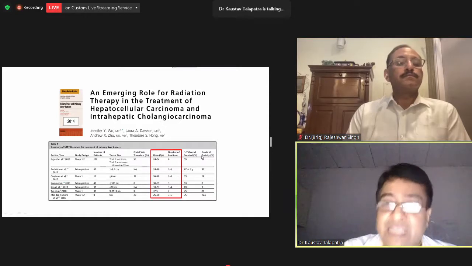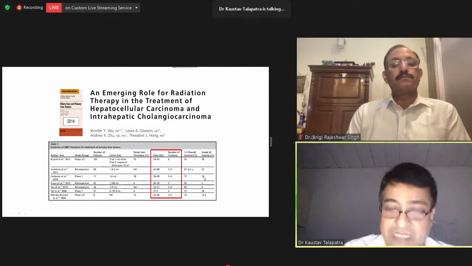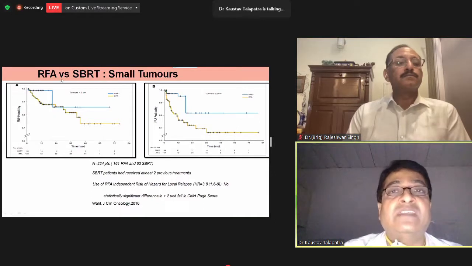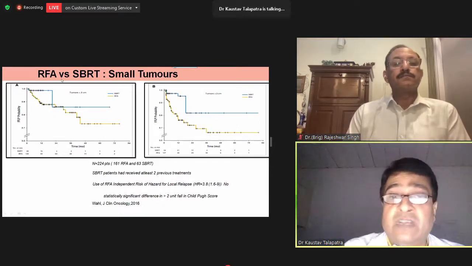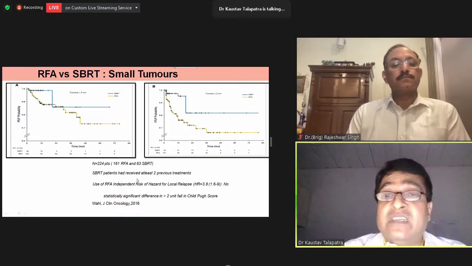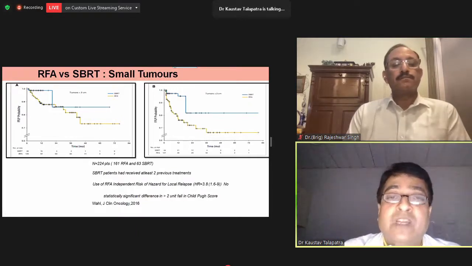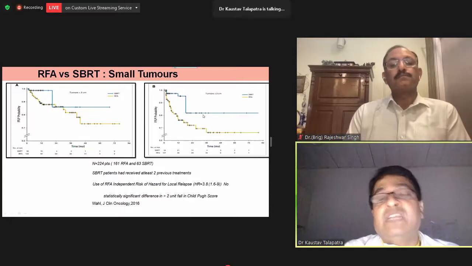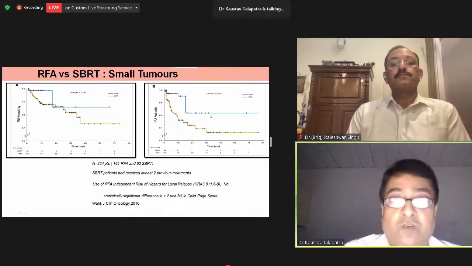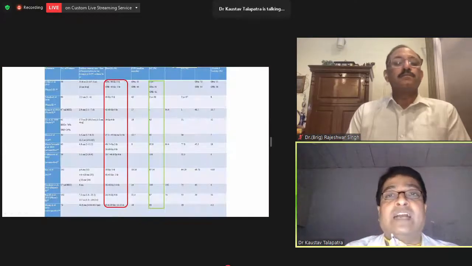And in the recent series, the grade 3 toxicities have come down, which I'll be talking about. This is a study of RFA versus SBRT in 224 patients. The patients had received at least 2 previous treatments, but in the multivariate analysis, the local control due to SBRT was independent of that of RFA.